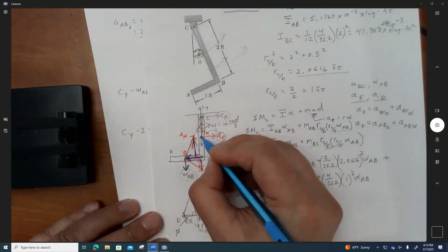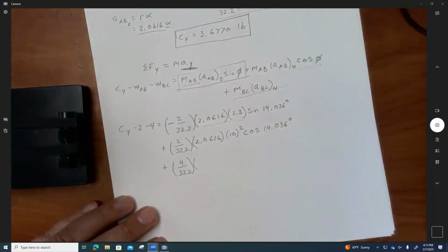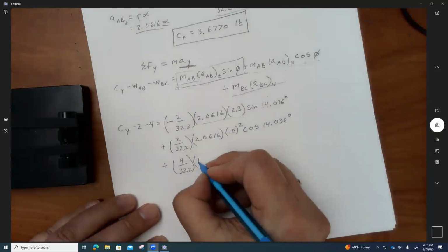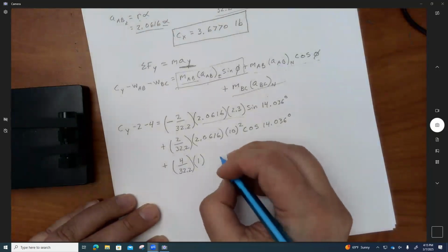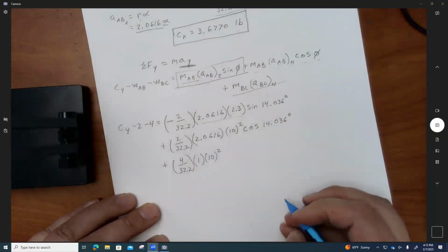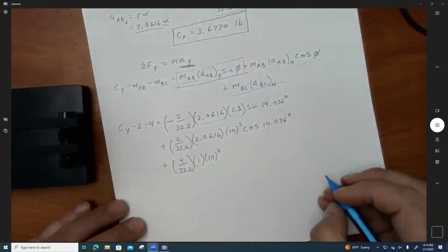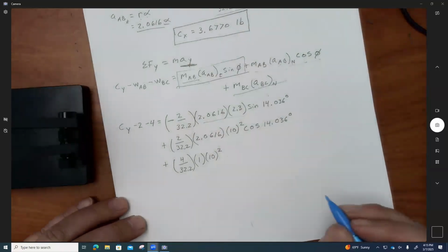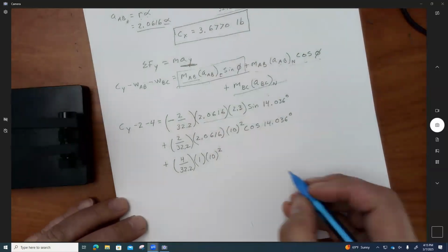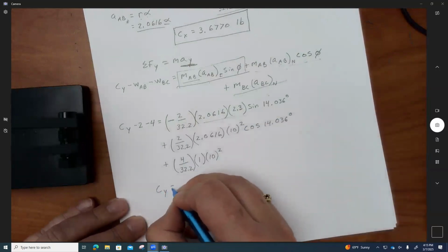D is farther away from C than E. So E is going to have a smaller normal acceleration component. And that R is going to be 1. And the omega is the same. And then there is no angle because all of the normal component is going in the y direction. All right, so we've set up the equation. We can solve for Cy.